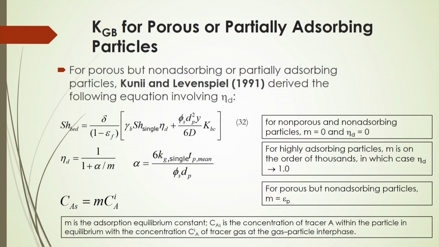For porous but non-adsorbing or partially adsorbing particles, Cooney and Levenspiel 1991 derived the following equations, given by equation 32. They have given this equation in terms of the efficiency of the adsorption. So, here eta d is represented by 1 by 1 plus alpha m.